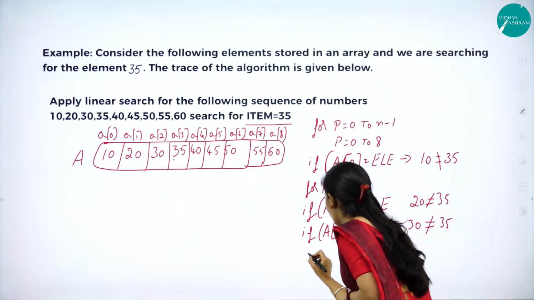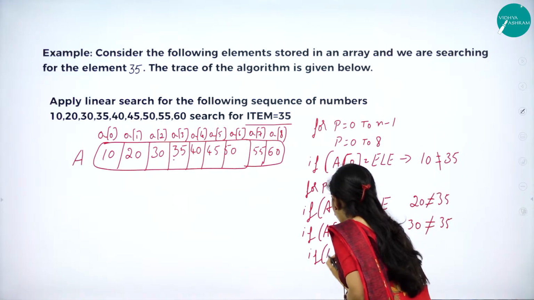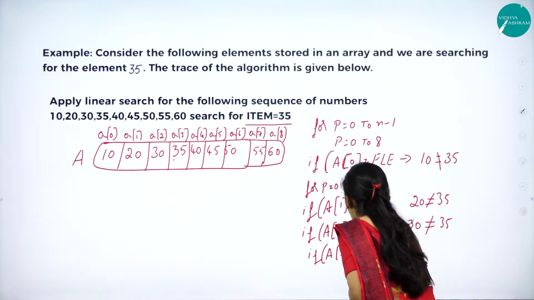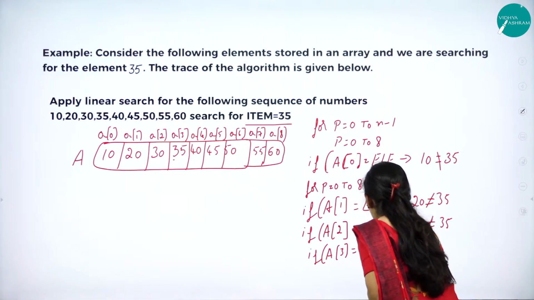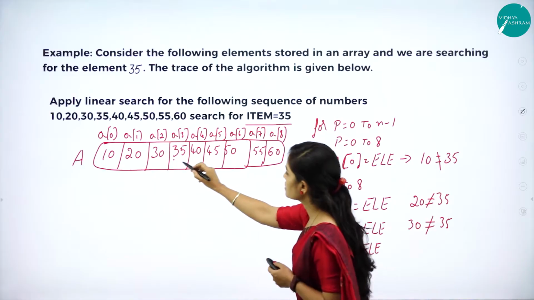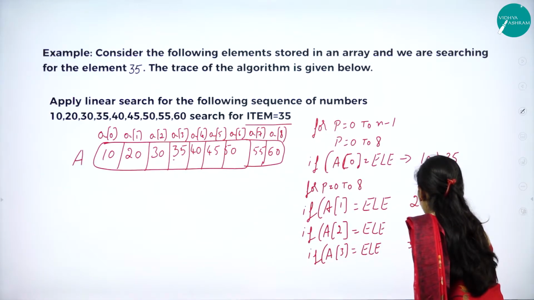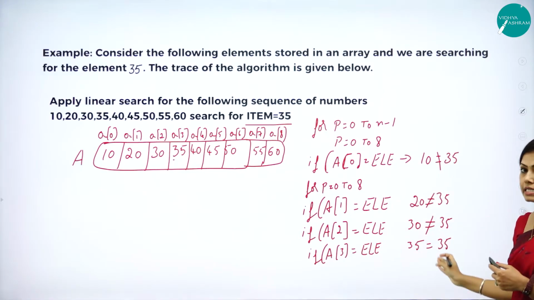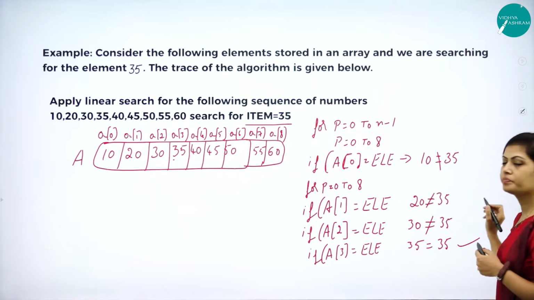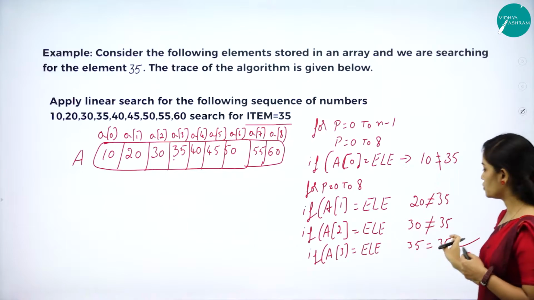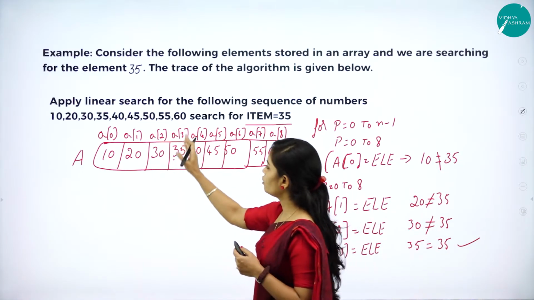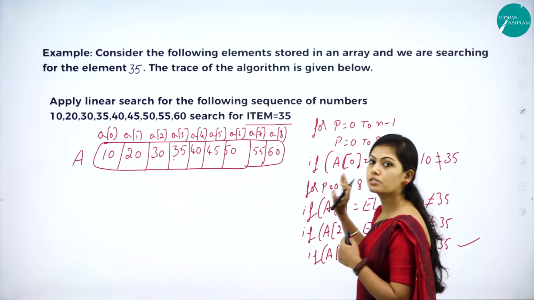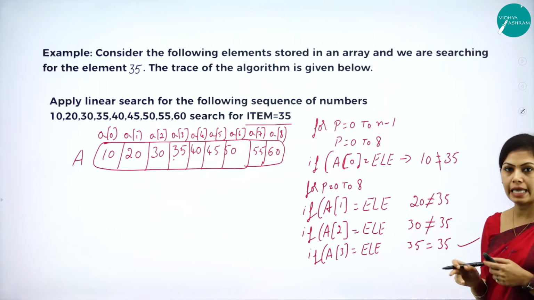And again we go through the loop, and if A of 3 is equal to the element, A of 3 means it is 35. 35 is equal to 35. Does it match? Yes, the condition is true. So we got the position of the element, that is A of 3. So the condition is true, which means it can print the element.